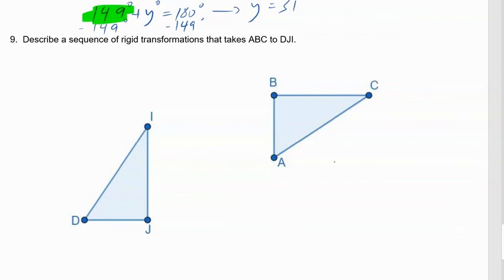So first things first, going to rotate triangle ABC counterclockwise with the angle of ABC. That's the angle symbol. So notice it looks like a 90 degree. So I'm going to rotate, again, counterclockwise.